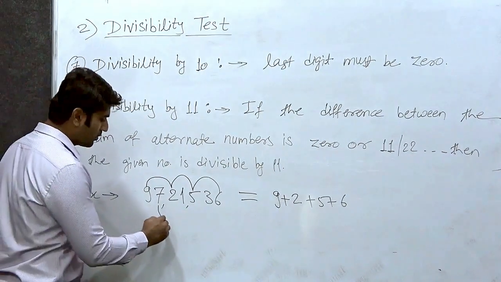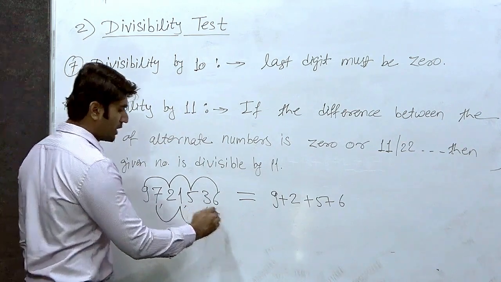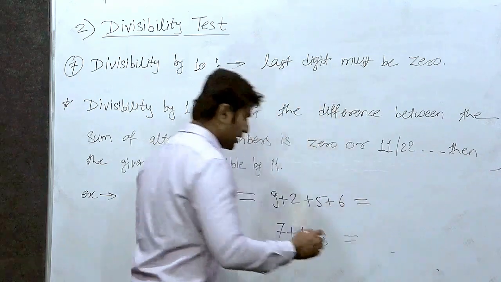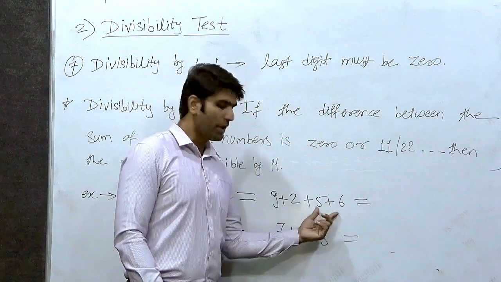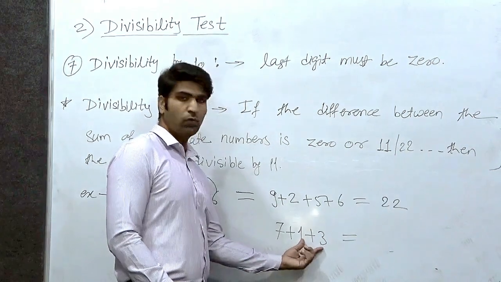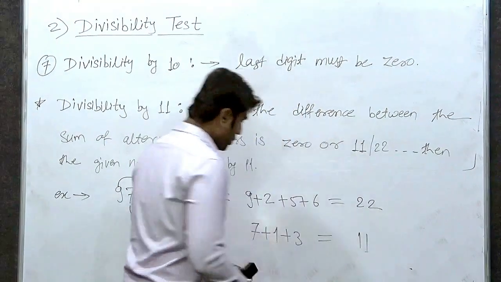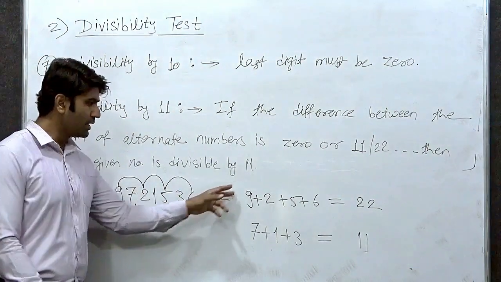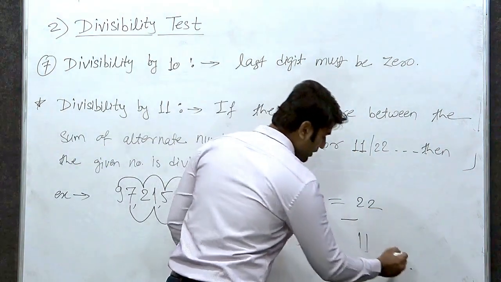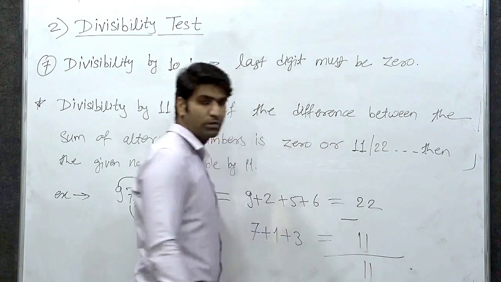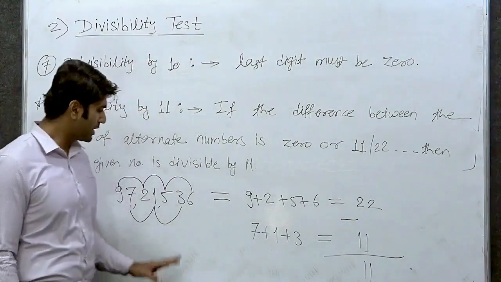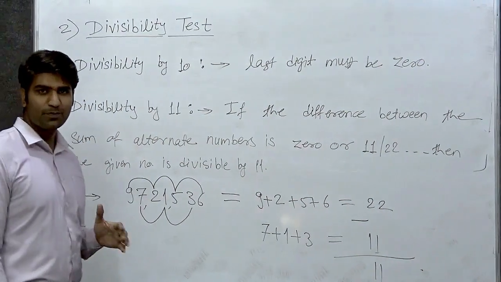And the remaining alternate numbers are 7, 1 and 3, 6. 9 plus 2 is 11, 5 plus 6 is 11, so 11 plus 11 is 22. And 7 plus 1 plus 3 plus... 7 plus 4 is 11. So the sum of alternate numbers is 22 and the sum of the remaining alternate numbers is 11, and the difference between these two numbers is 11. If the difference is 11 or 0, then we say that the given number is divisible by 11.